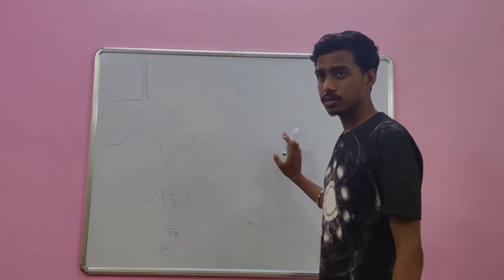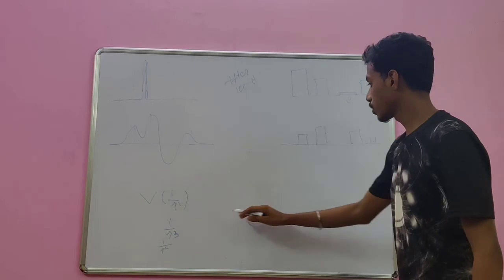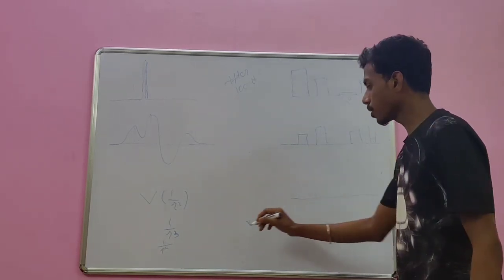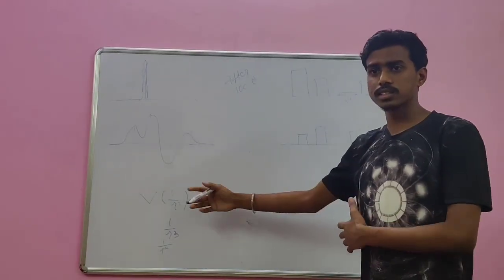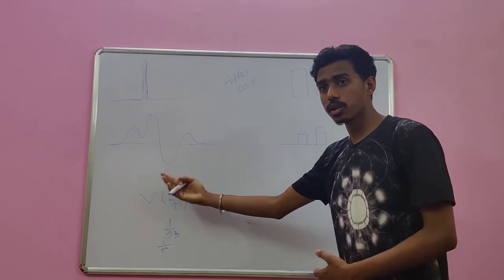For the V 1 by r square type term, we got a similar result because we don't know exactly how the system of 1 by r square will behave.